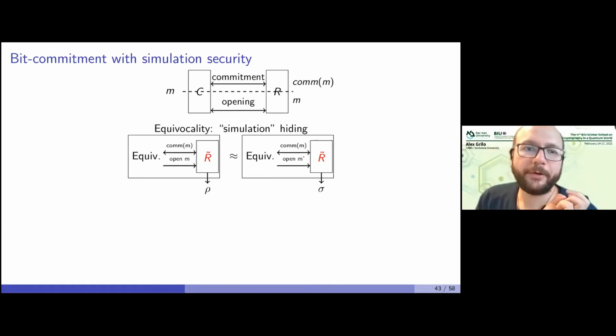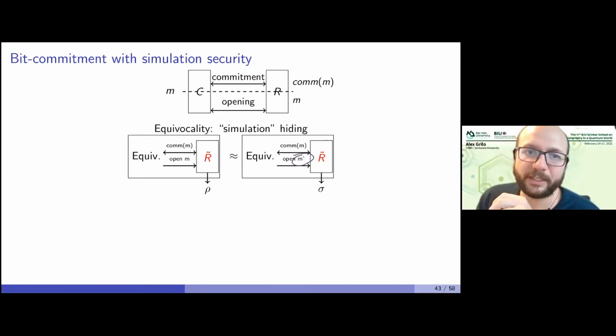When you're talking about a malicious receiver, this property is called equivocality. Intuitively, it says that there is some algorithm called the equivocator that is able to open the message to a different value, M prime, in such a way that the receiver or the distinguisher won't notice the difference.